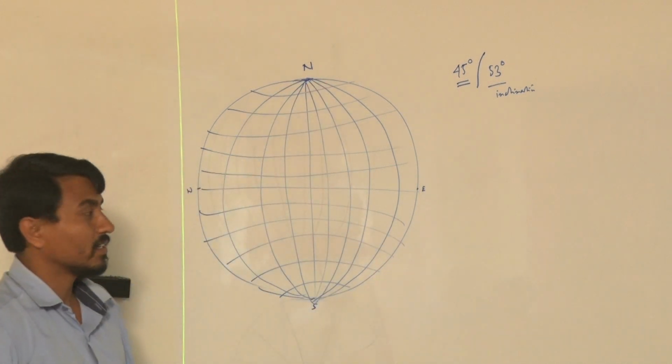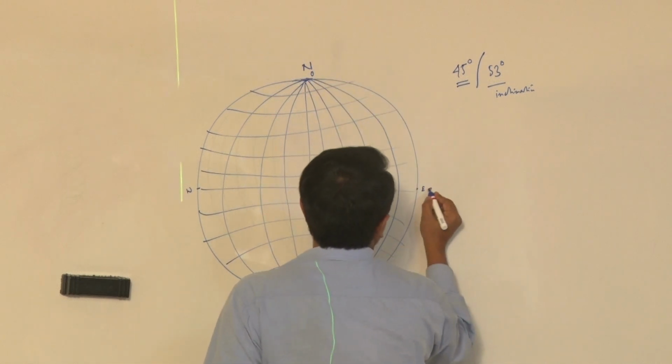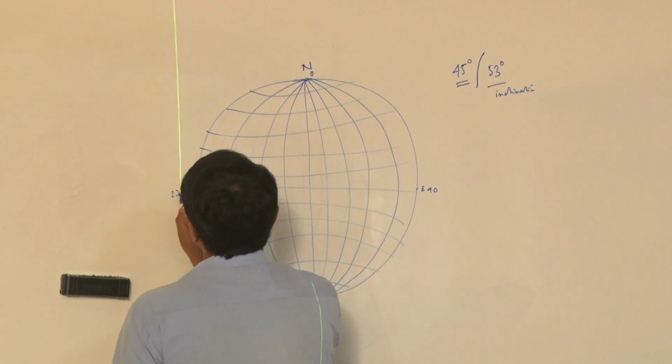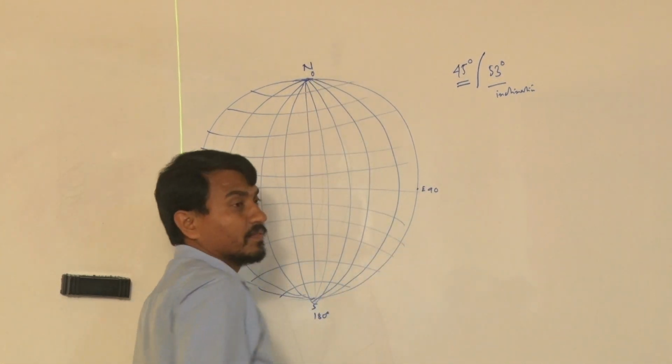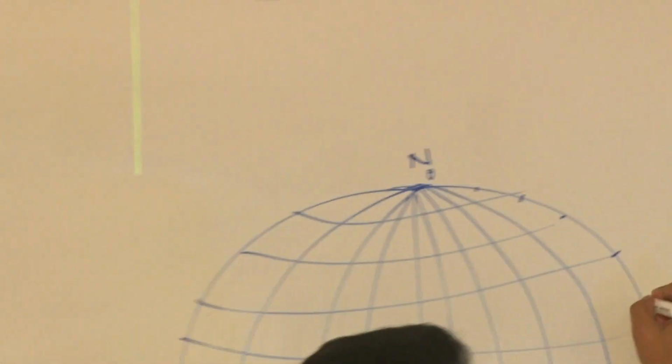There is a 10 count. So basically it starts from 0, then 90, 180, 270, and again 360. Each will be of 10 count.